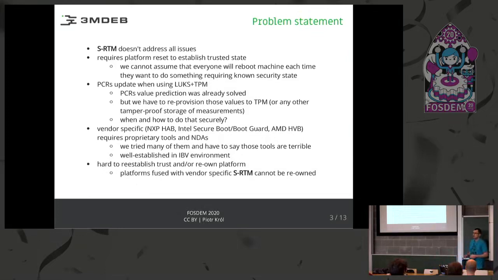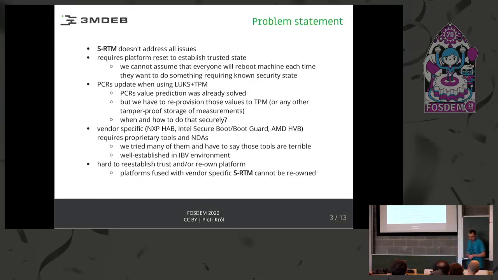Also, if anyone is familiar with vendor-specific static root of trust implementations like Secure Boot or BootGuard or AMD Hardware Validated Boot or the NXP equivalent, they know that to even provision a platform with that feature, you need special tools. It's not like we have open tools to provision everything and have BootGuard working without special agreements with Intel or any other companies named here.